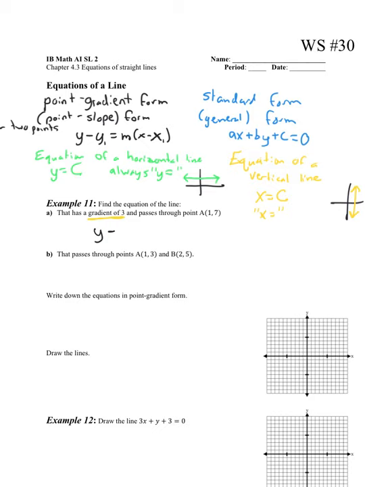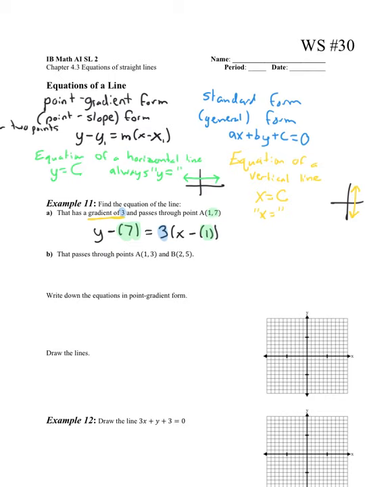We do y minus 7 equals our slope, and then x minus 1. And the tricky part about this, I guess, is I put the 1 and the 7 in parentheses. And I do that just in case there's a negative. Because if it's a negative 7, I do y minus negative 7.